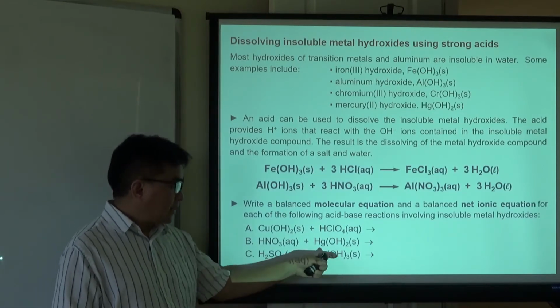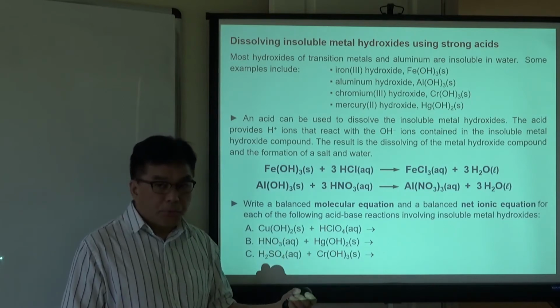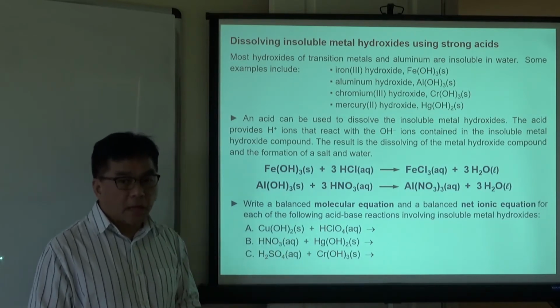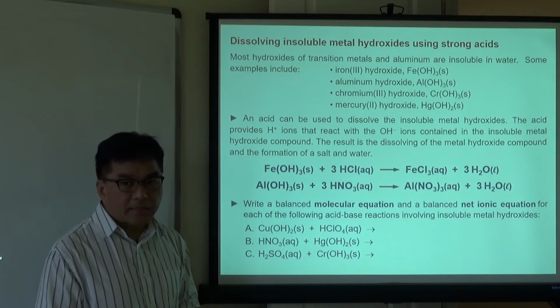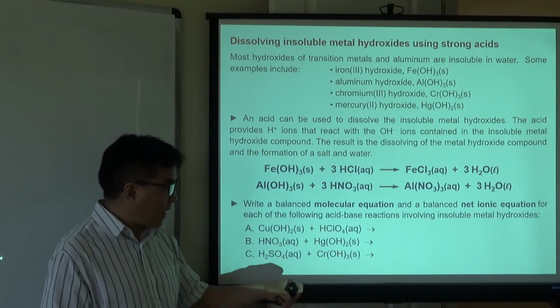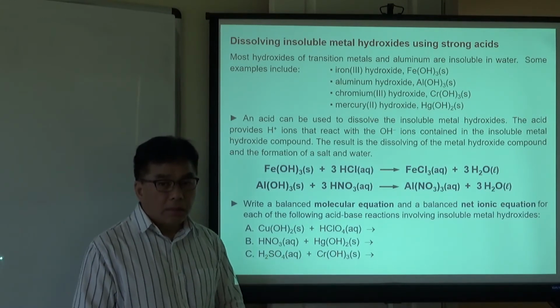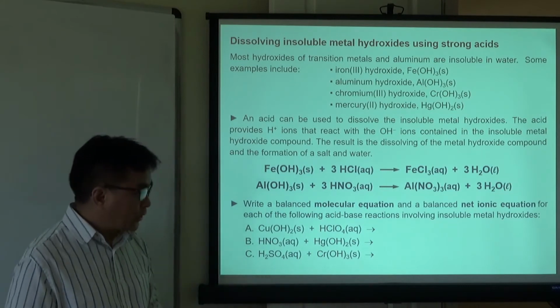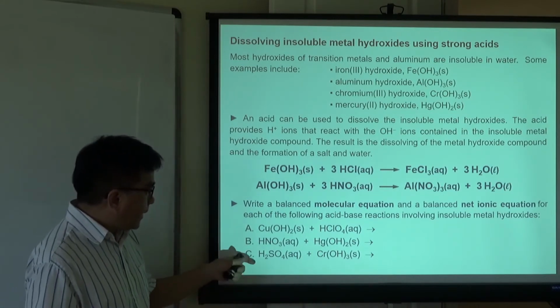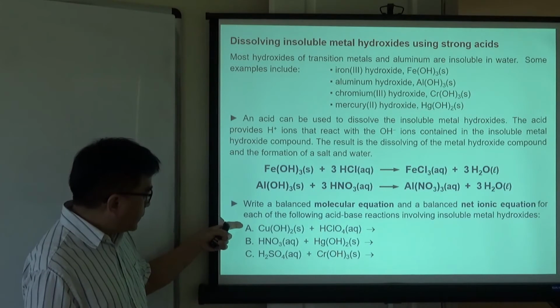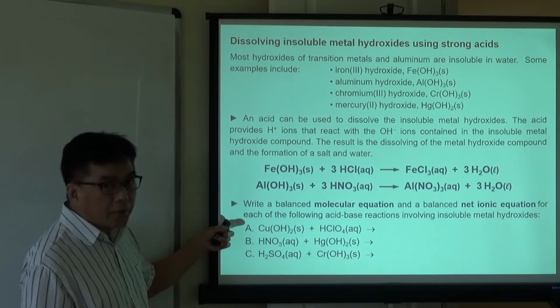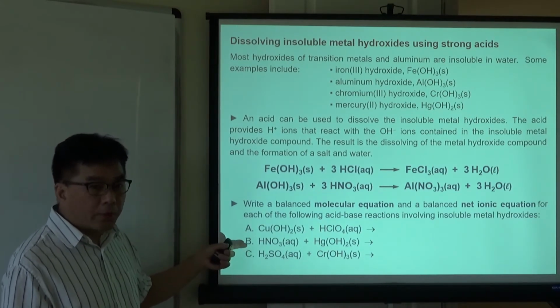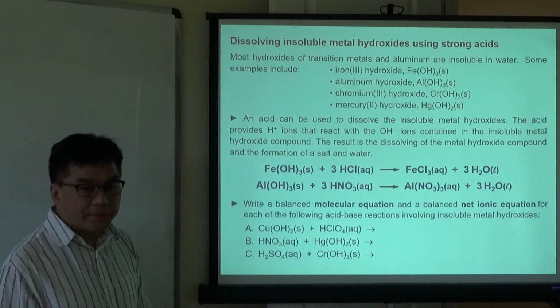If you take this and add it into water, it mostly is not soluble. 99% of that is insoluble. Maybe a tiny fraction actually goes in solution, producing a tiny amount of hydroxide. So let me do A and B to show you how to write the balanced molecular equation, and you can go ahead and do C yourself.